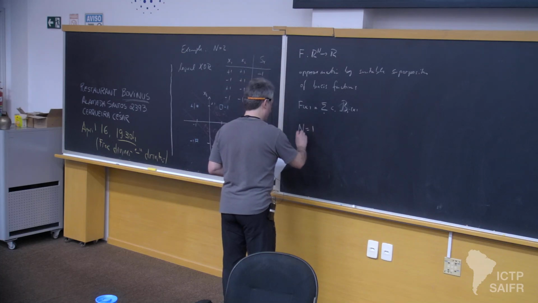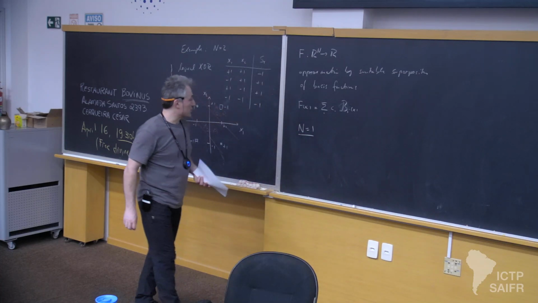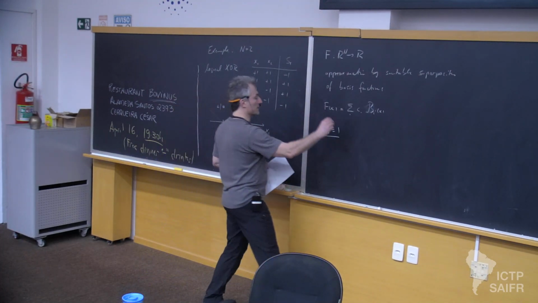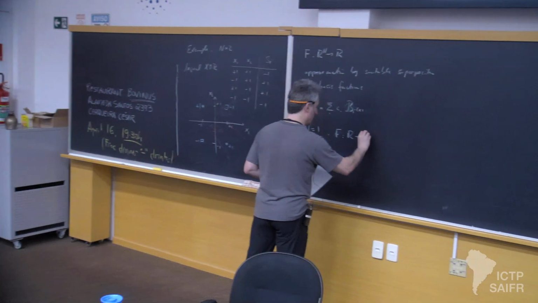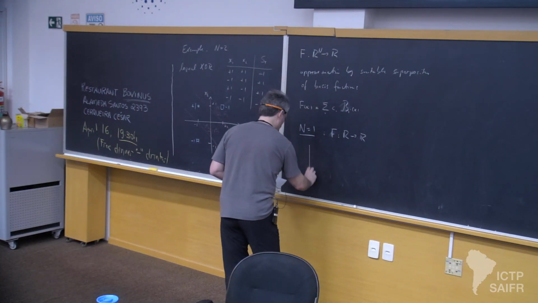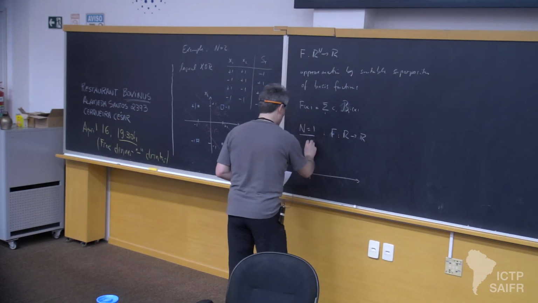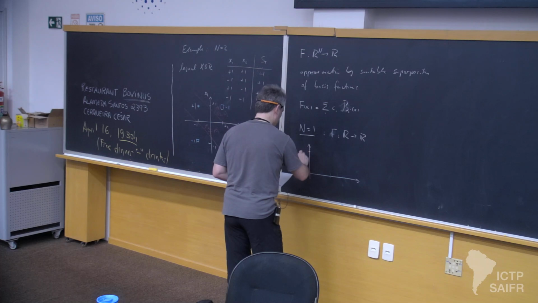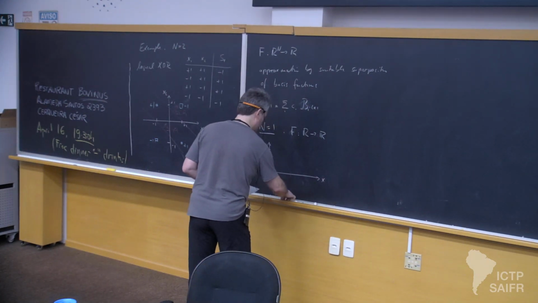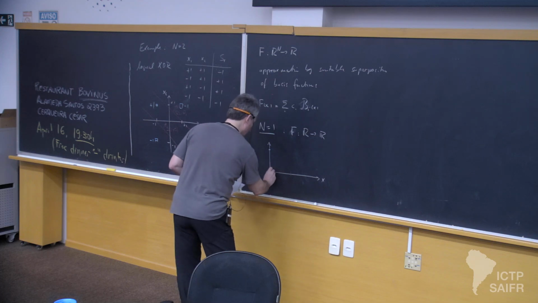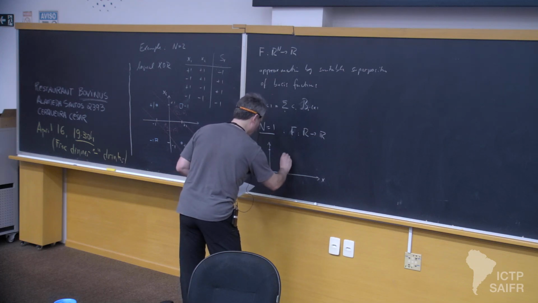I start with dimension 1, so I look at functions that go from R to R, and the basis functions that one uses are these ones here. They look like that.